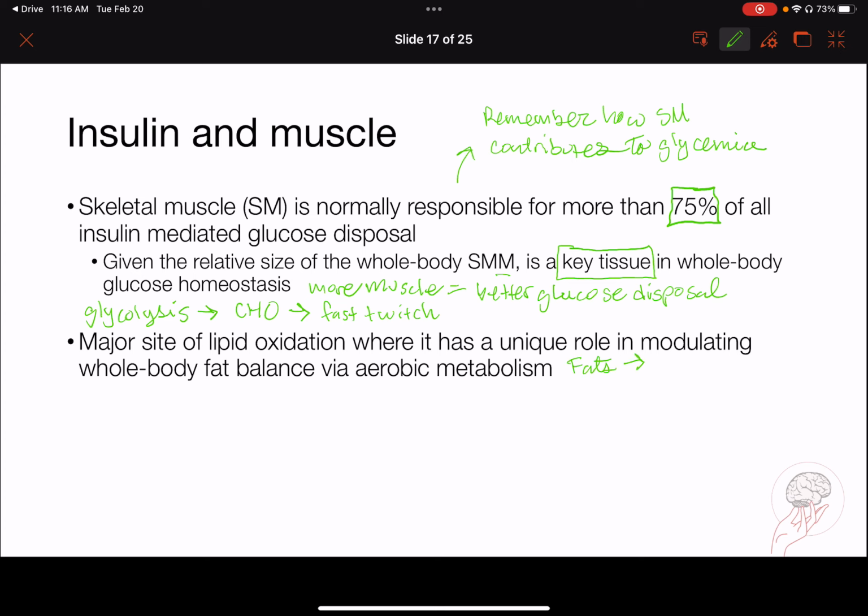To use fats, we need aerobic metabolism. And then remember, aerobic metabolism means it requires more oxygen. So it's going to create an RQ around 0.7 because it needs more oxygen.